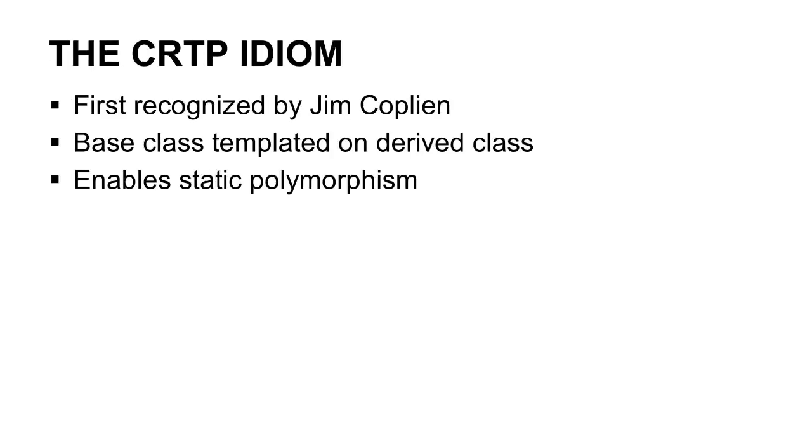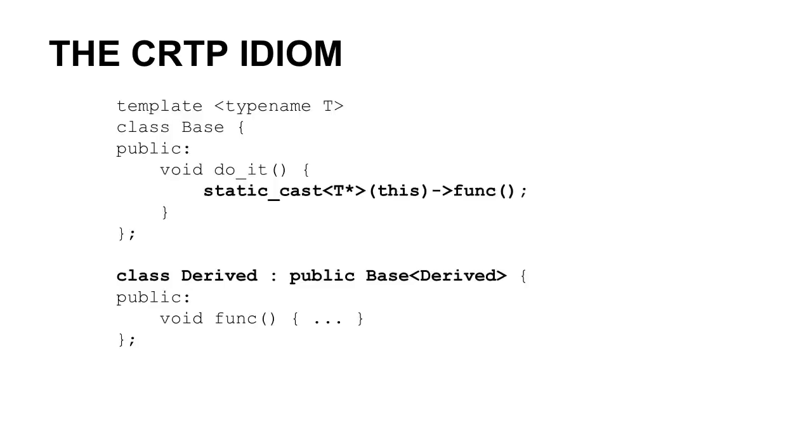CRTP, the curiously recurring template pattern, is an idiom that was first recognized by Jim Coplien. A derived class inherits from a template base class, but the type parameter for the base is the derived class itself. One common use of CRTP is to avoid the overhead of virtual functions because it enables static polymorphism. Here's an example.